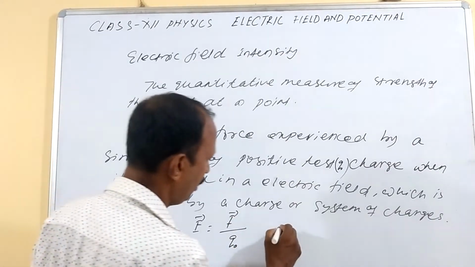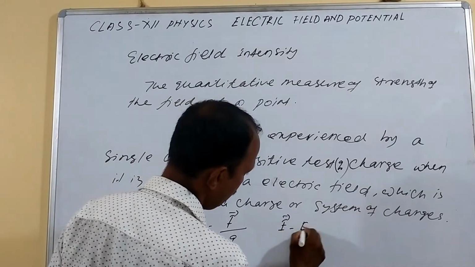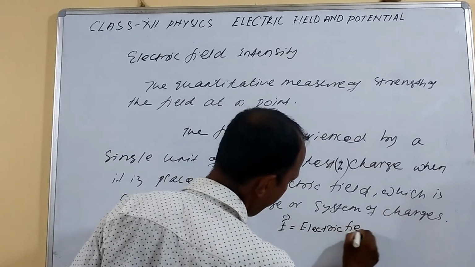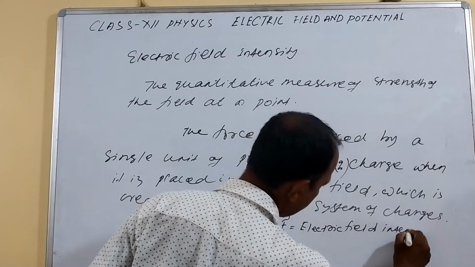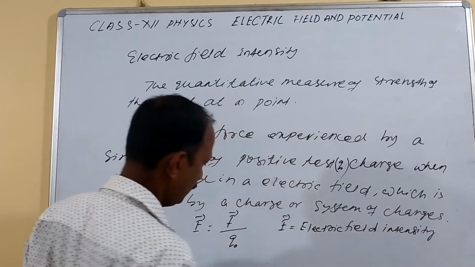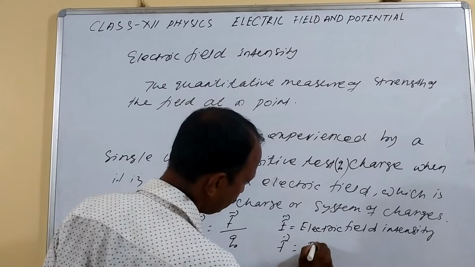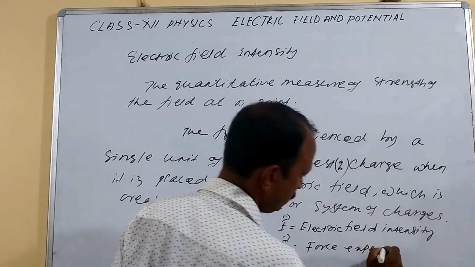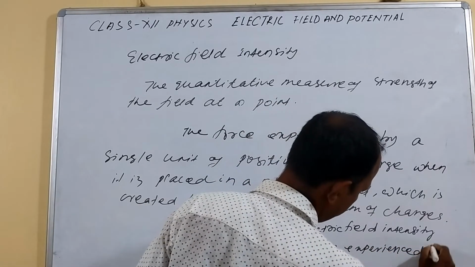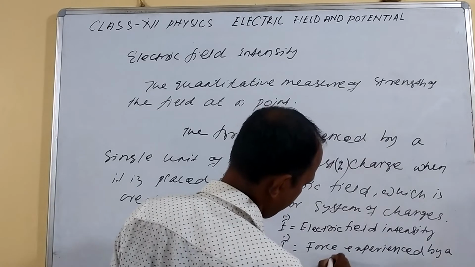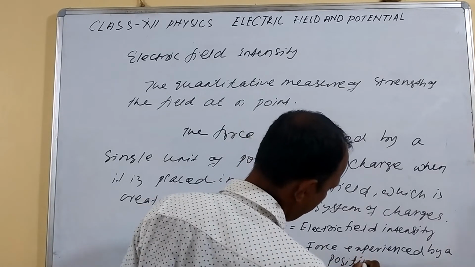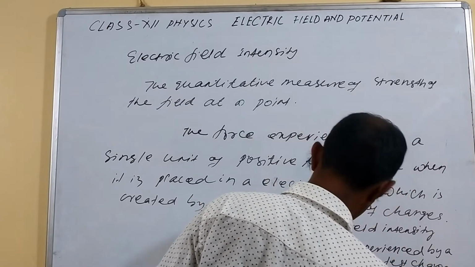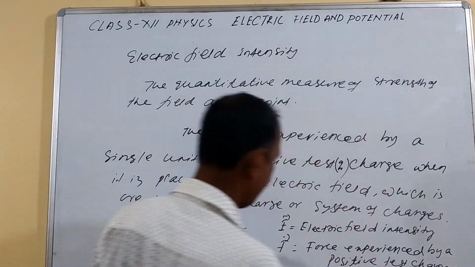Here E stands for electric field intensity, and F stands for force experienced by a positive test charge, which is Q naught I have mentioned here.